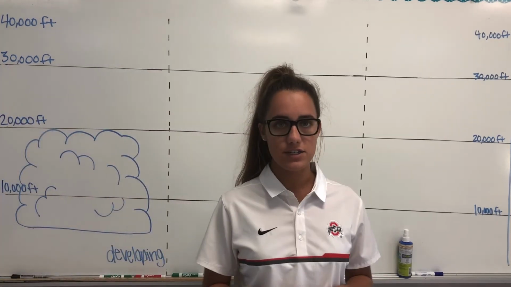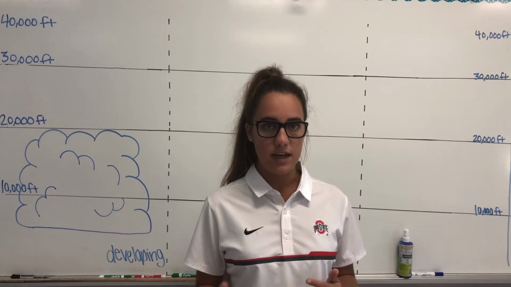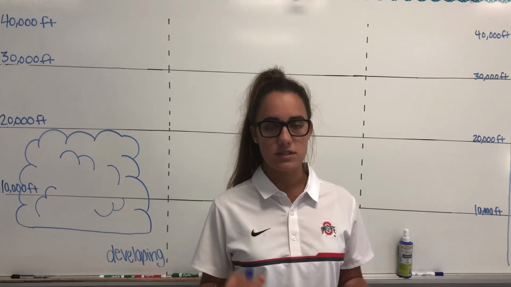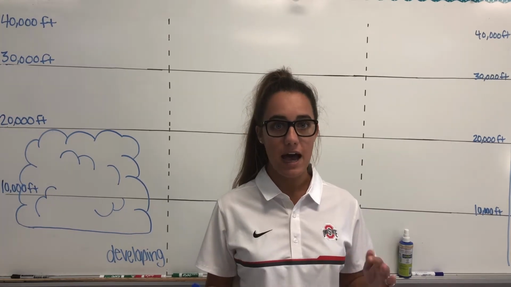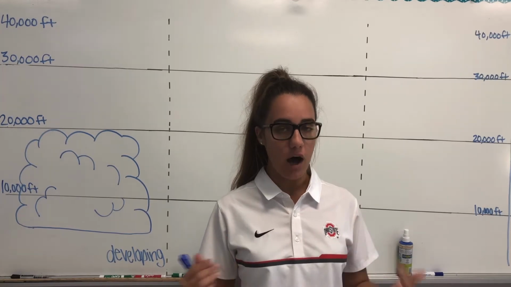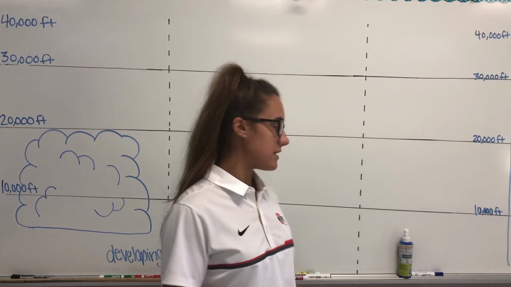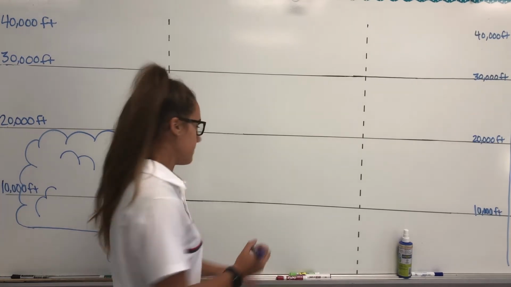The next stage is going to be the mature stage. This is when the cumulus cloud starts to build on itself and really reaches those high altitudes. This is actually so big it's going to go off of our page, but again, it does start at about 5,000 feet altitude.